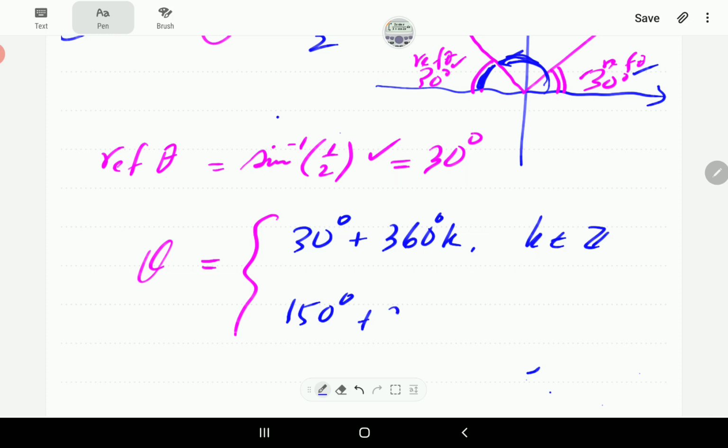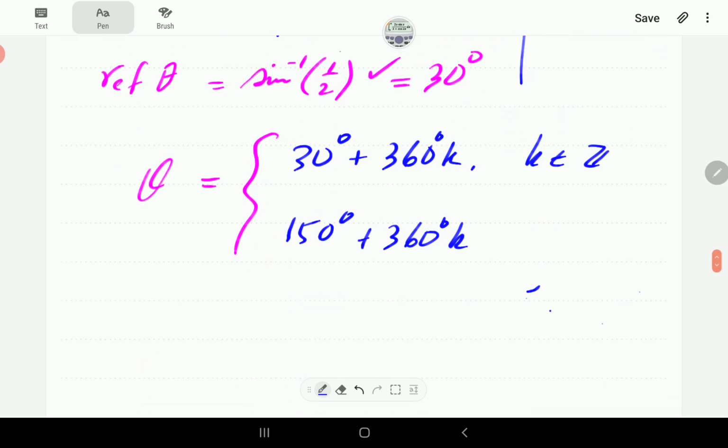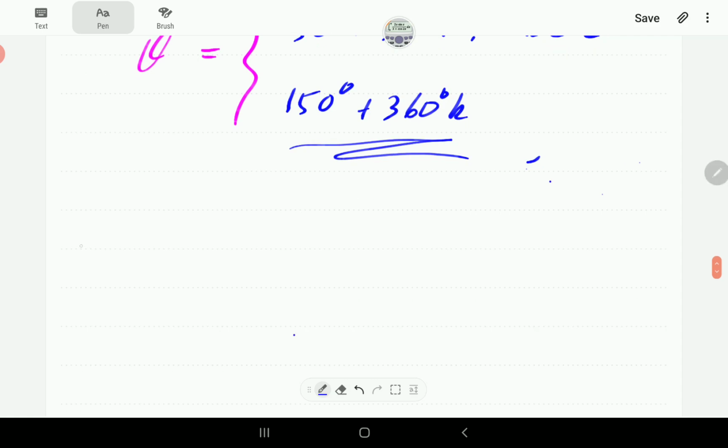And then we do the same thing with this one. So this is giving us coterminal angles that are solutions of this equation here. And so this is the general solution.